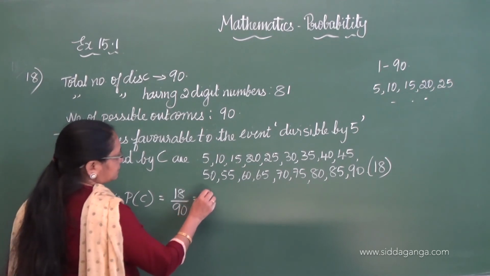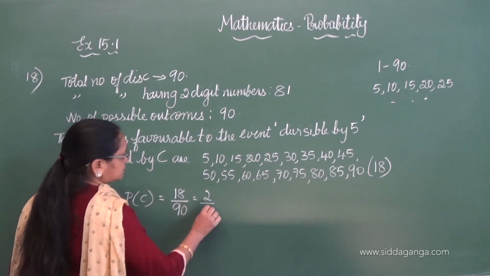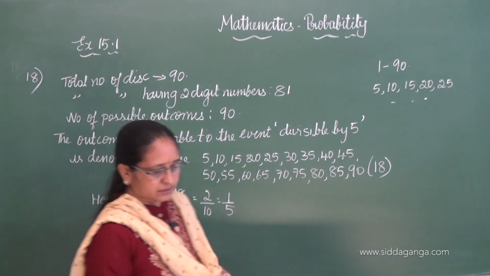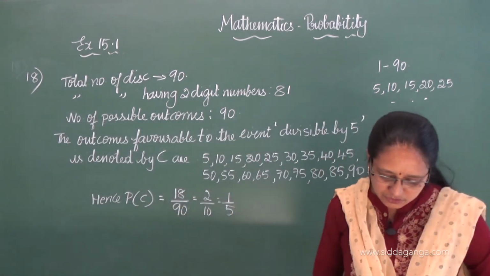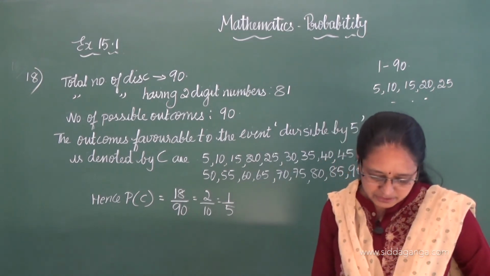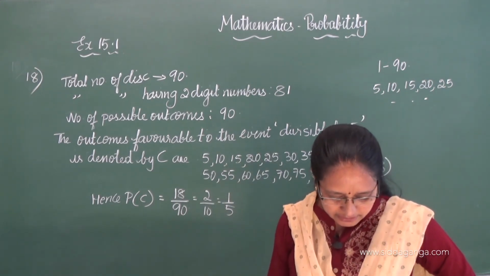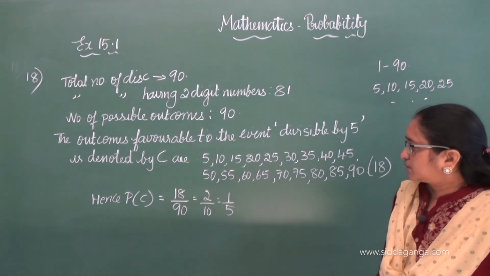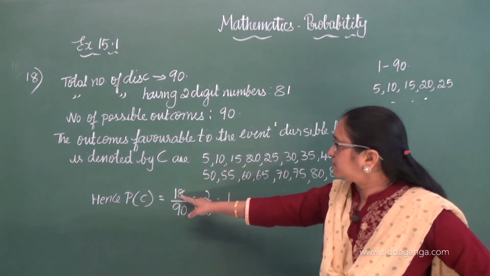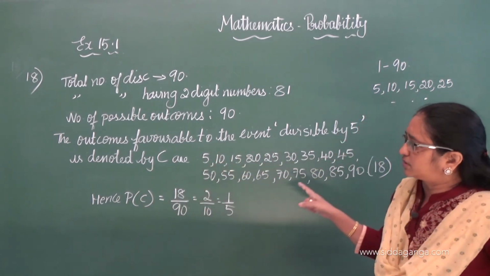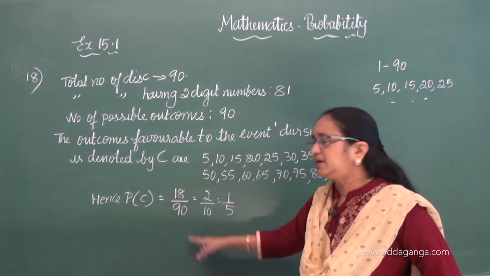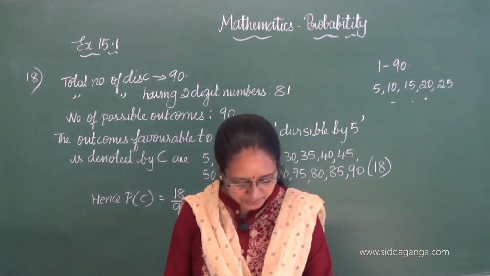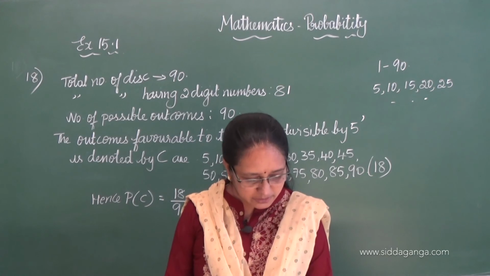So 9 twos are 18, 9 tens are 90, so it means 1 by 5. Again 18 by 90, that is 1 by 5. I hope you understood this. So there are 18 favorable outcomes, so the probability will be 18 by 90. Okay, now I hope you understood this type.